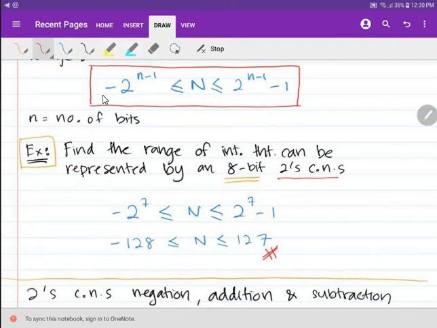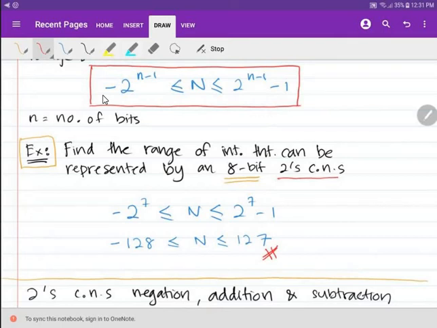Can you represent negative 250 using 8 bits? No, you can't. So that is the limitation. With 8 bits, this is the range of numbers you can deal with. Very important for you to understand that.